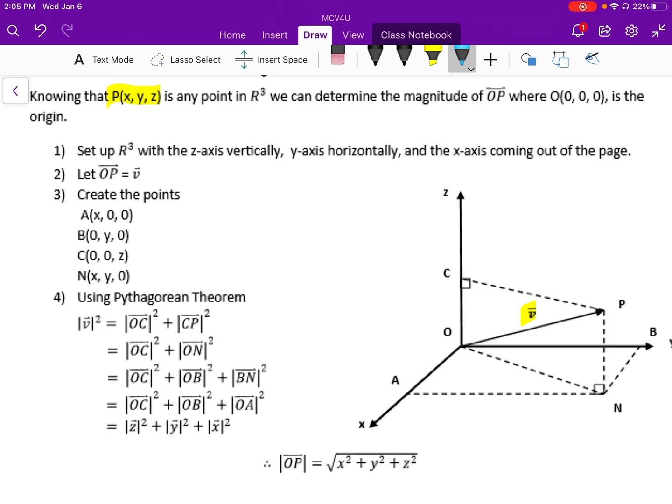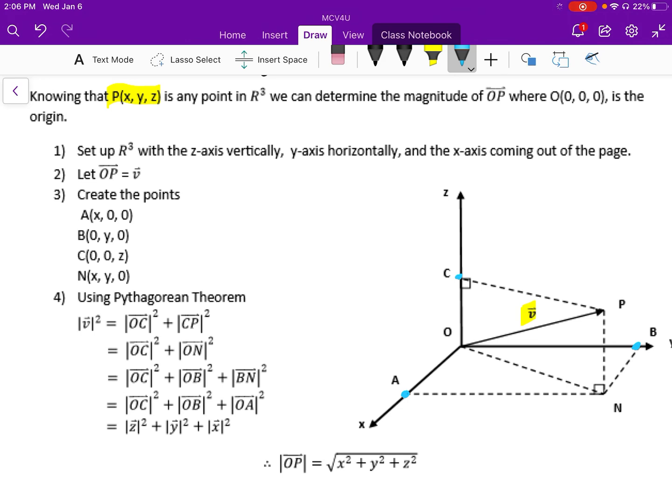If you take a look at the points, A is on the x-axis, so it is basically (x, 0, 0). B is on the y-axis, so it is the point (0, y, 0), right? C, again, being on the z-axis, is (0, 0, z).